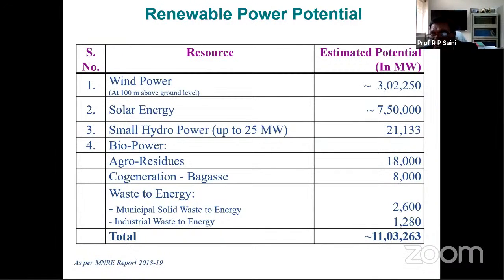So let us start with that. The first thing is you should estimate how much is available to you. For that you have to identify the site. How will you know how much you have? You have to estimate.